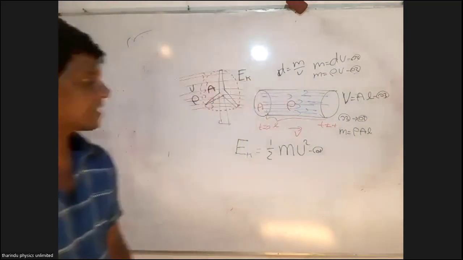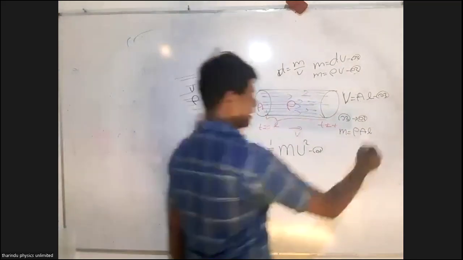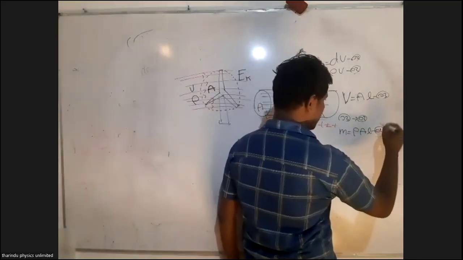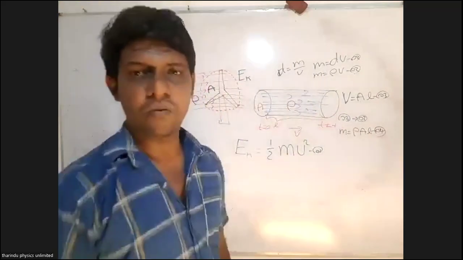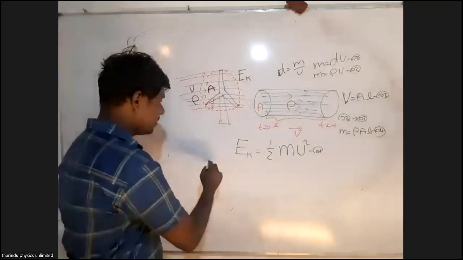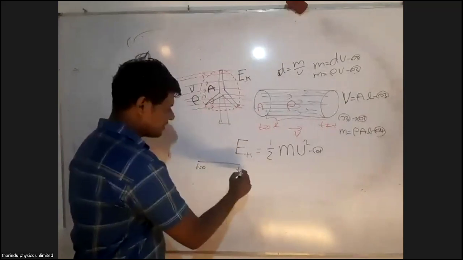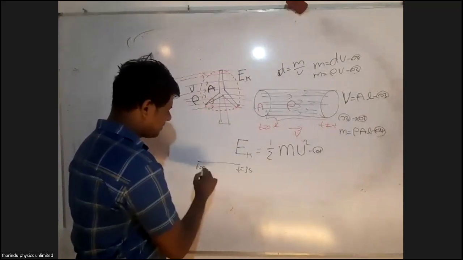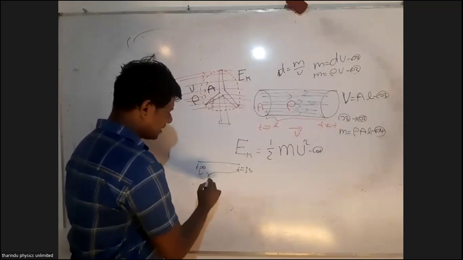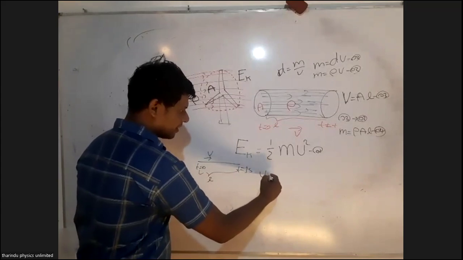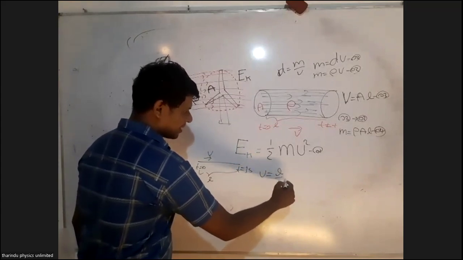And one thing to be concerned about here, equation number 4: what is this length? We know that time is equal to 0, and when we consider time equals 1 second, the length traveled with velocity v. We know that velocity is equal to length over time.